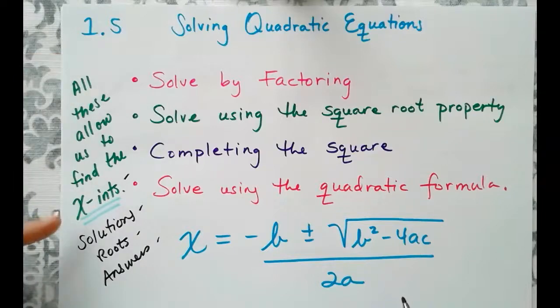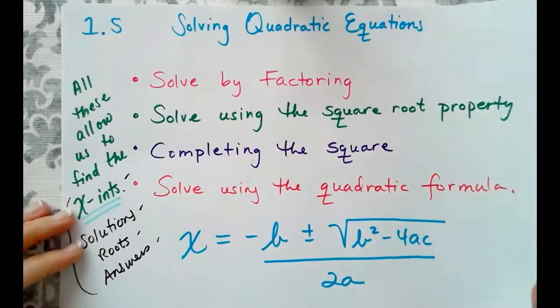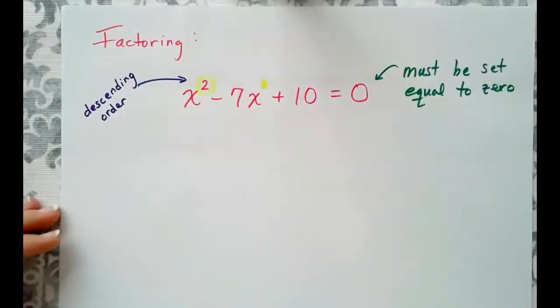And all of these allow us to find the x-intercept, solutions, roots, answers. So once again, all of those words mean exactly the same thing when it comes to solving quadratic equations. In this video, we're going to hit just the first two options.